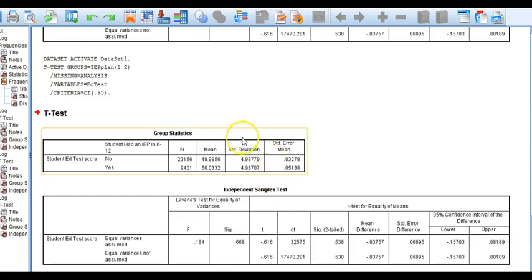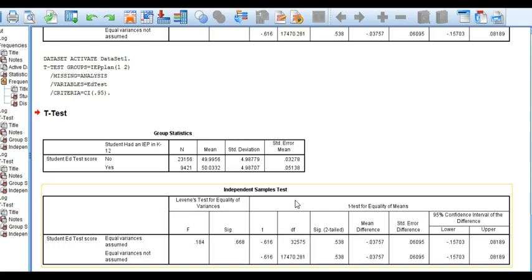For those who are interested in the standard deviation, or the variation in the two groups, again, 4.9 and 4.9, so we're pretty closely similar in that capacity as well. When we're interpreting the independent samples t-test, the first thing you're going to want to do is check the underlying assumptions.